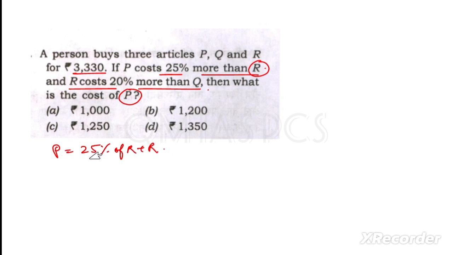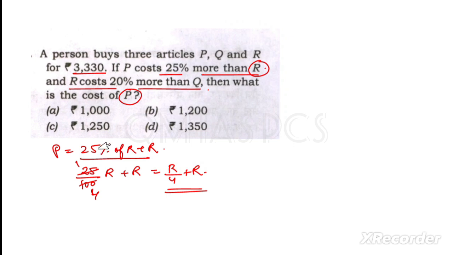So can we convert this one? It will be 25 by 100 of R plus R, so this will be 1, this will be 4, so again it will be R by 4 plus R. Somebody told me that he did not understand this step. While calculating we can't write 25% of R plus R like this, so we have to convert it into a fraction.